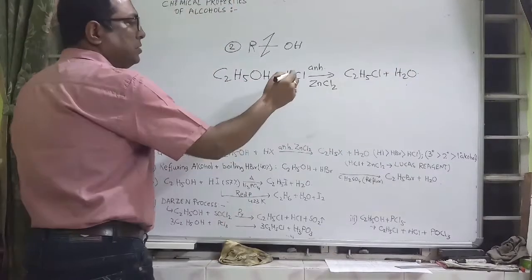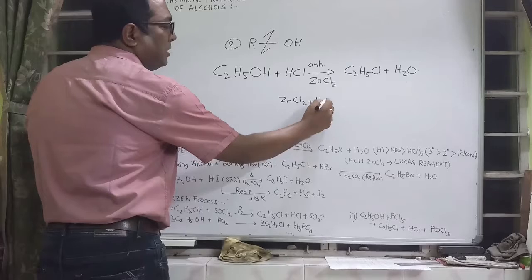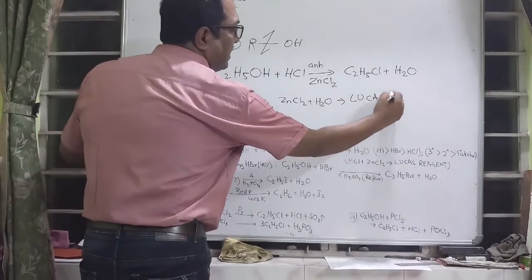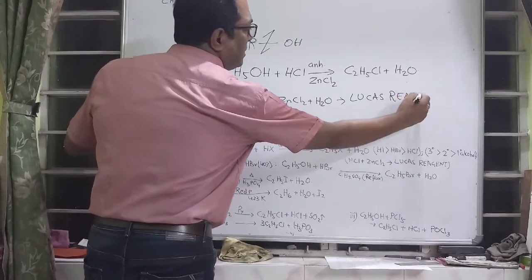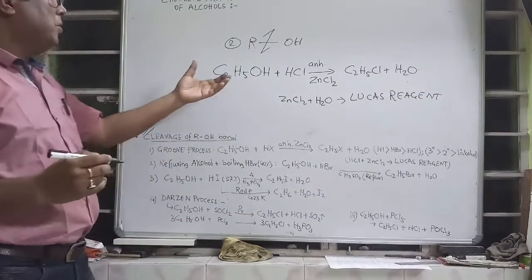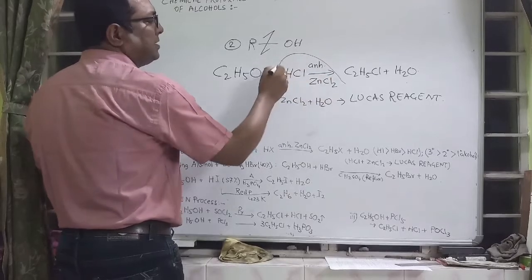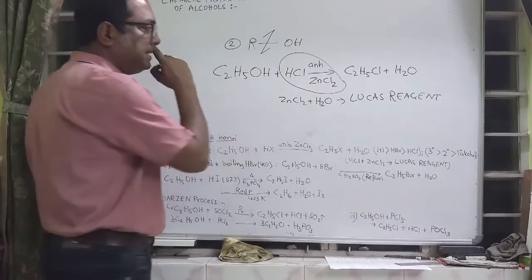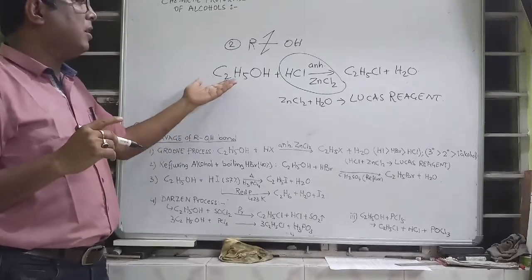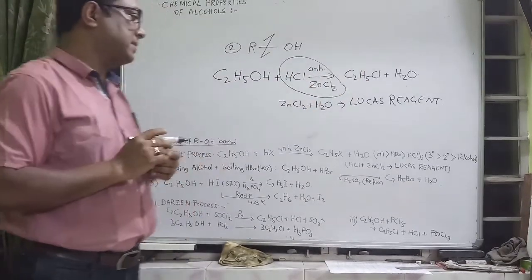Students, you know that ZnCl2 with HCl is what we call Lucas reagent. So when you take anhydrous zinc chloride and hydrochloric acid, this is what we call Lucas reagent. With alcohol, it is going to produce C2H5Cl and water.